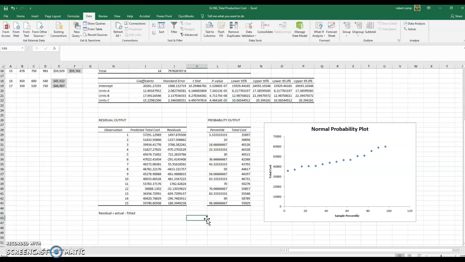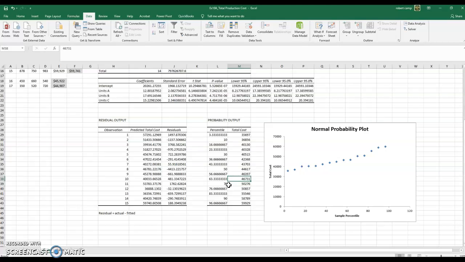So what we can do is look at our probability output. This is giving us a way of measuring what the cost would end up being using, kind of a distribution, but it's not like we've got the Gaussian or normal distribution. It's telling us that at the 63rd percentile, the total cost is $46,731.